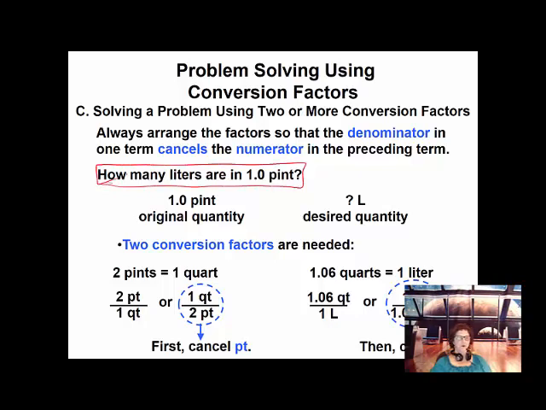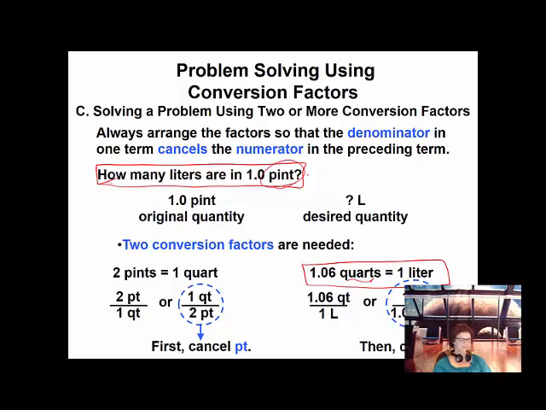Okay, so the first thing is I'm going to have to figure out what is my go-to for my metric to English conversion. And if we're going to use this time, 1 liter is the same as 1.06 quarts. Now I could do others, but I'm choosing that one from the conversion factor chart that you have. All right, so that's going to give me quarts, but I'm not starting with quarts in this problem, am I?